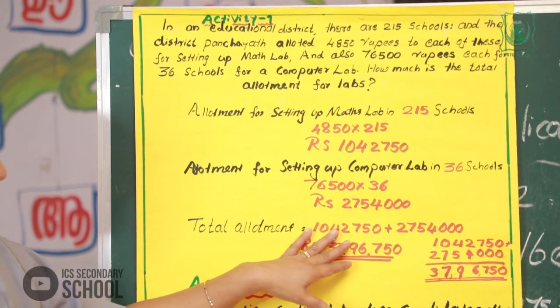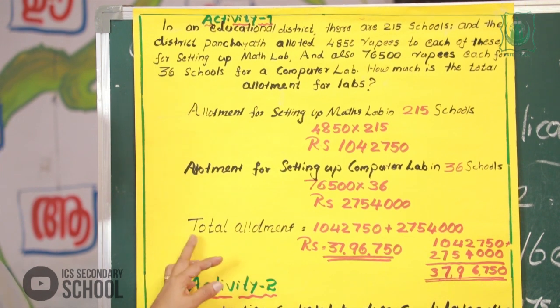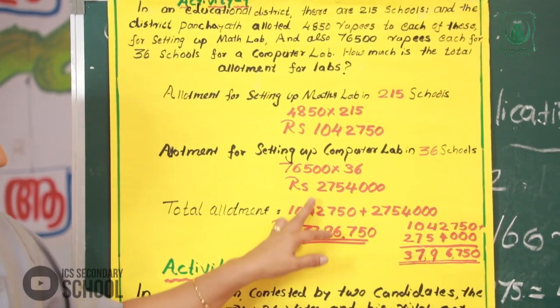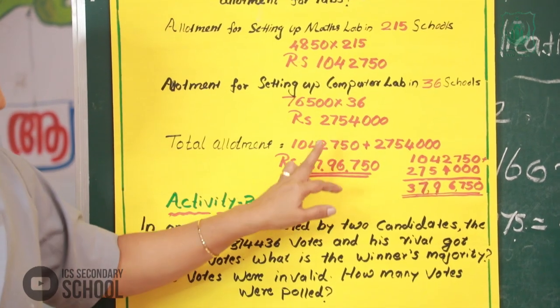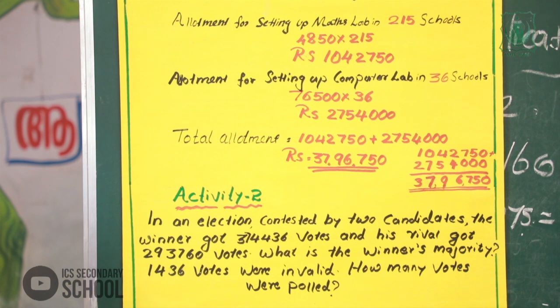Then add these numbers for the total allotted money.